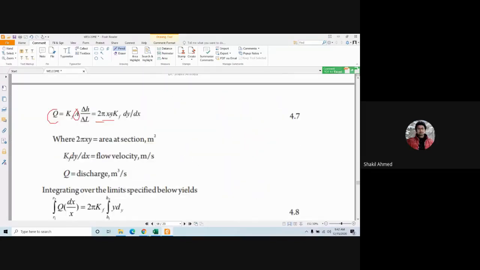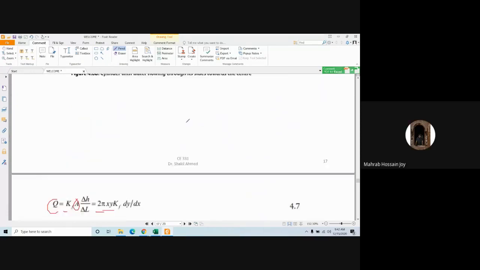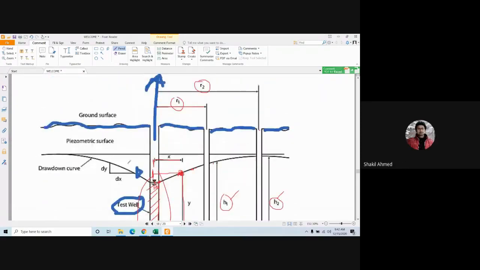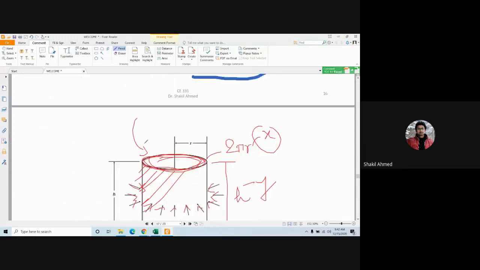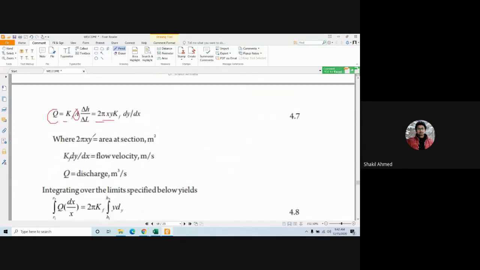So twice pi XY into K into delta H by delta L. We are replacing delta H by delta L with dy by dx. Same thing. Basically this is the slope, the hydraulic gradient, I would rather say.